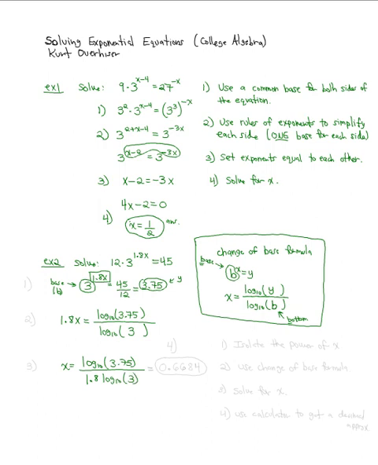Okay, so this would be the actual exact answer for x, but usually what we want to do is use your calculator to get a decimal approximation. So what we'll do is use the base 10 logarithm button key on the calculator. I'm just typing basically this whole fraction into my calculator.